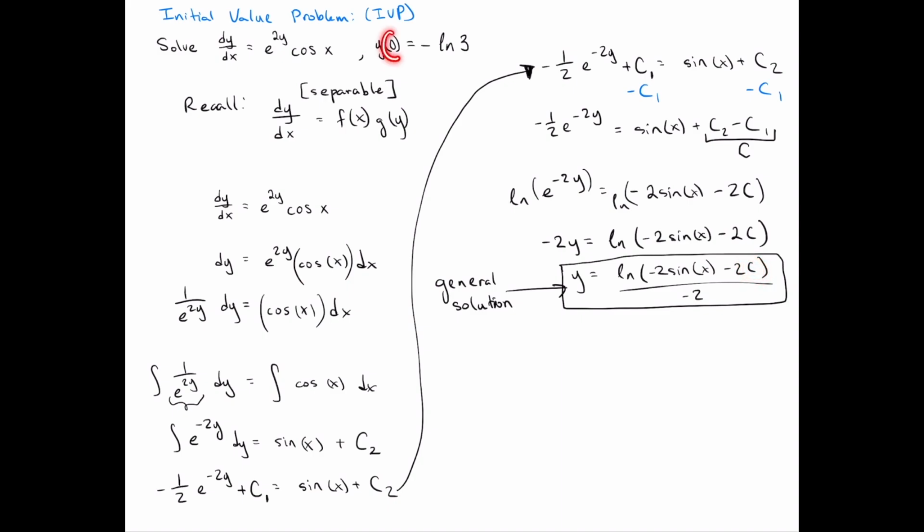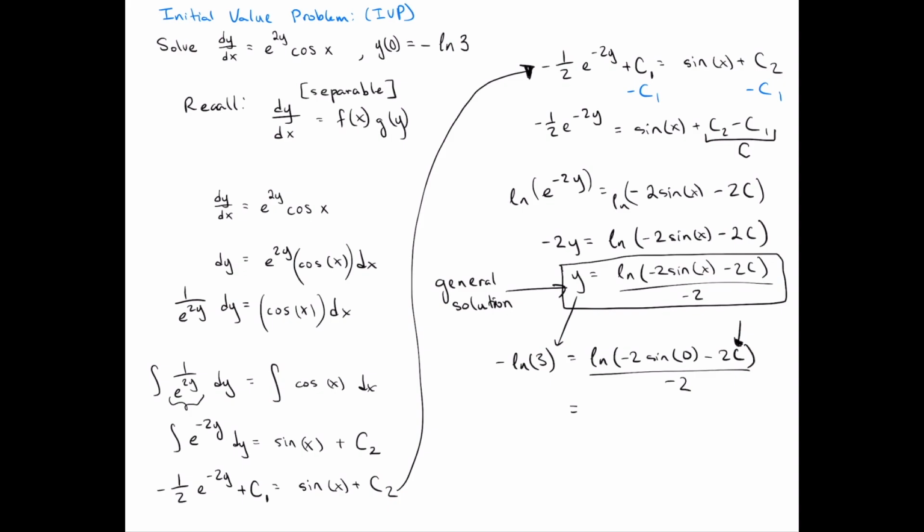At x equals 0, y is equal to negative ln 3. That is equal to ln of negative 2 sine of 0 minus 2c, over negative 2. So you can see that c is the only unknown variable, so we can solve for it.